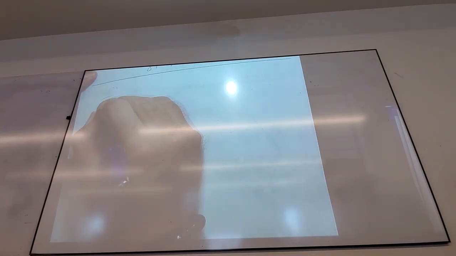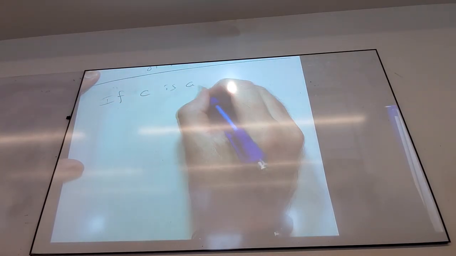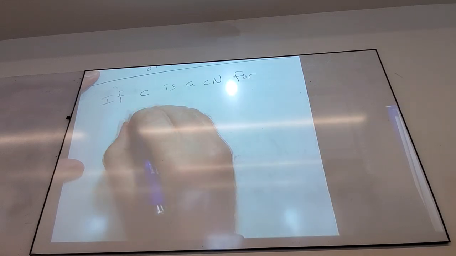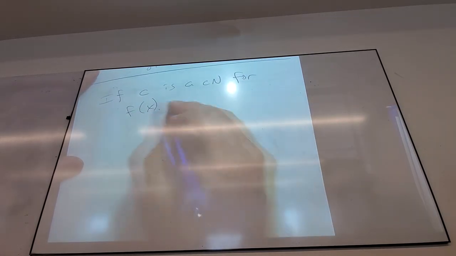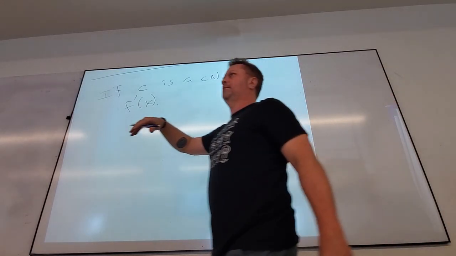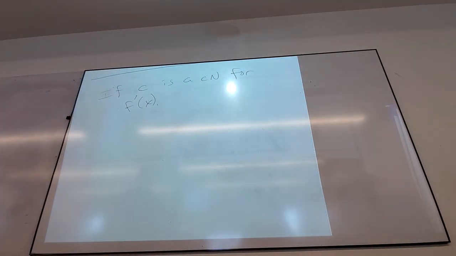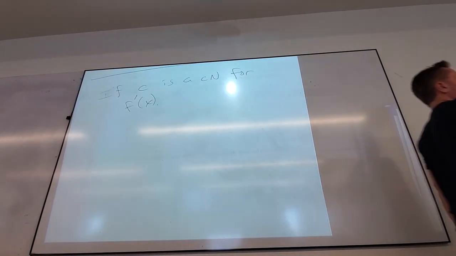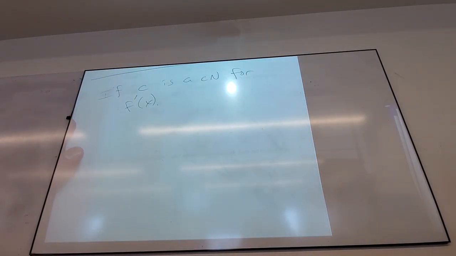If I find the critical numbers, let's say C is a critical number for f prime, because now we have critical numbers for f prime and critical numbers for f double prime. If C is a critical number for f prime, that means it's a possible location of what?